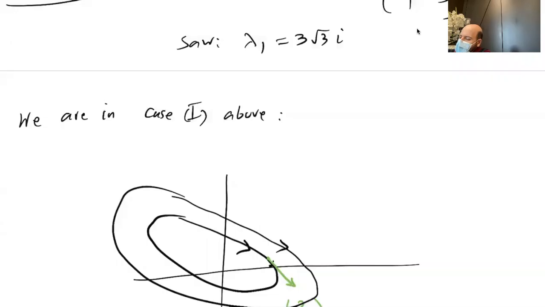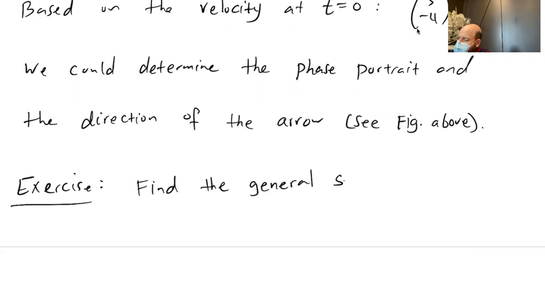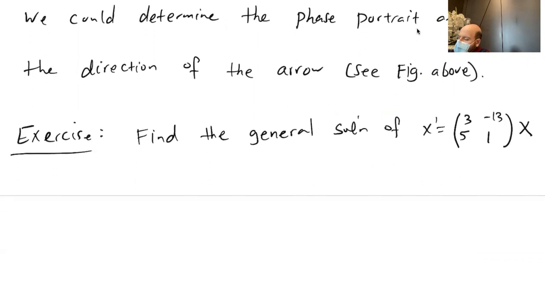All right, now let me give you an exercise. Find the general solution of x prime equals the matrix [3, -13; 5, 1] times x, and sketch the phase portrait.